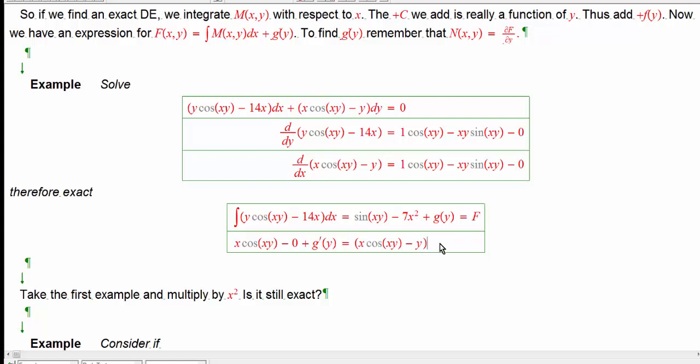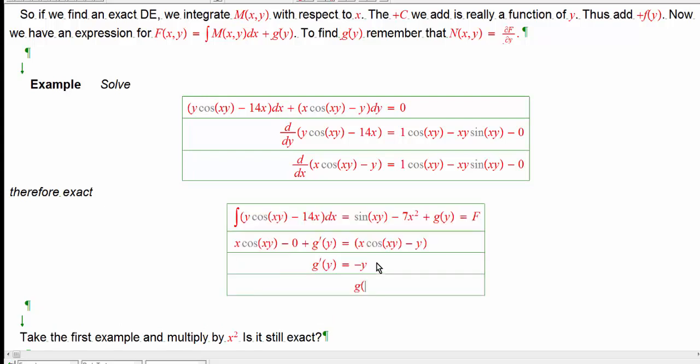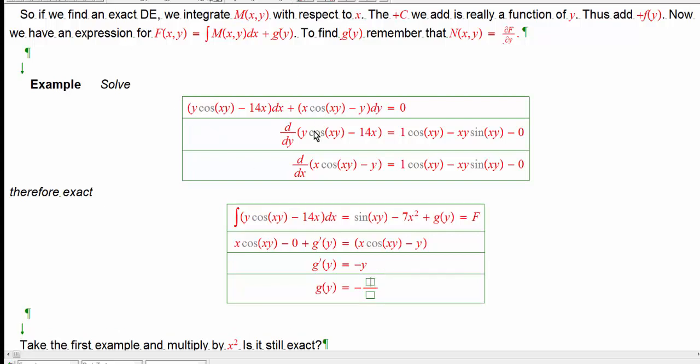All right, well, that tells me that g prime must be equal to minus y, because the x cos xy cancels out on both sides. So that means that the g must be equal to, I'm integrating both sides with respect to y, minus y squared over 2.